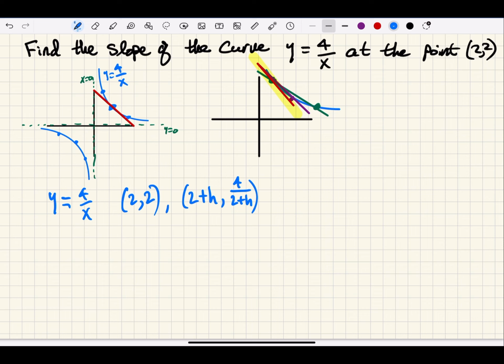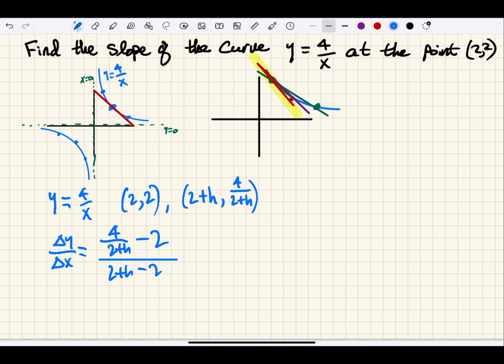Now let's find the slope of the line that is secant to the curve at these 2 points. So we would be finding delta y over delta x. That would be the difference in the y values, 4 over 2 plus h and 2, and then the difference in the x values, 2 plus h and 2.